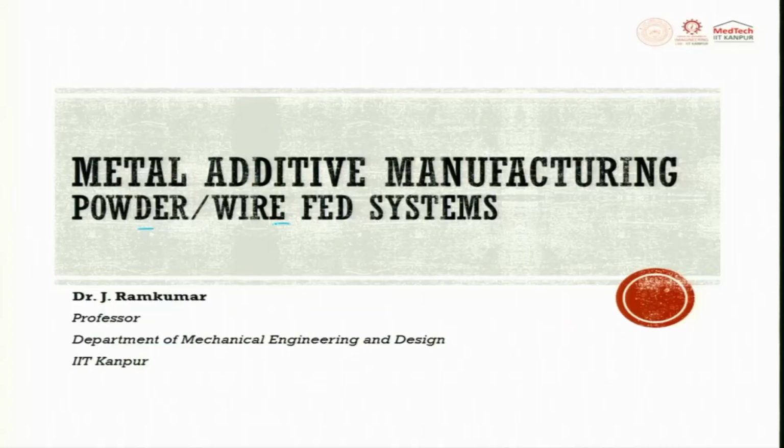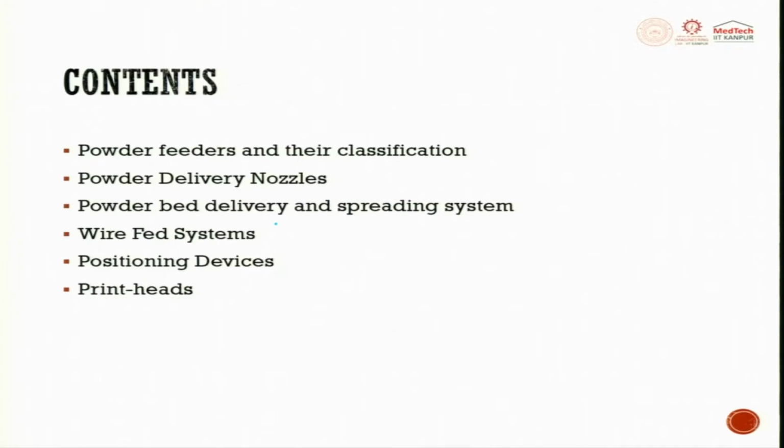Wire feeding, we cover very quickly because the wire feeding mechanism is almost very well dealt in all of the welding courses, or this is already well known when we are trying to do material extrusion methods in polymers and ceramics. So, we will have a very small glimpse as far as wire fed systems are concerned.